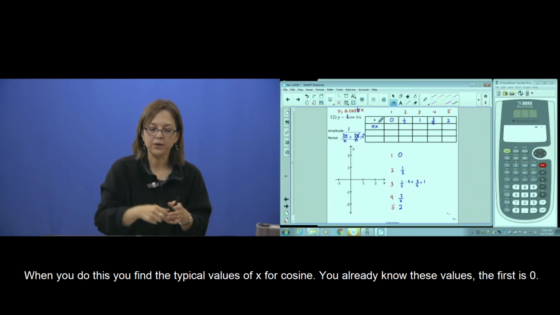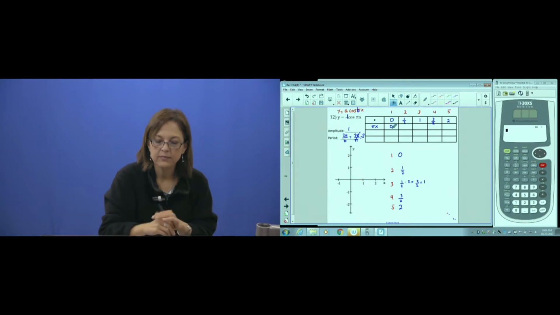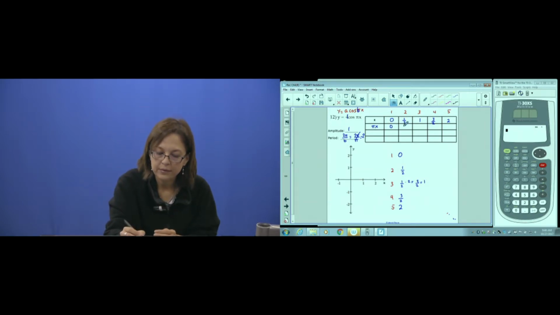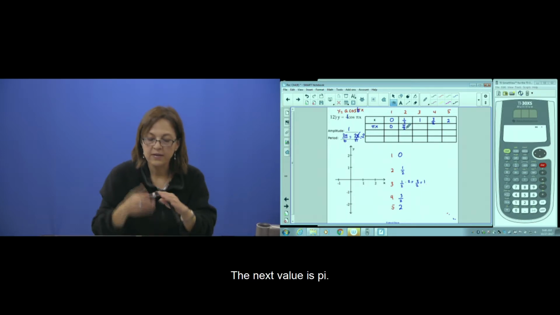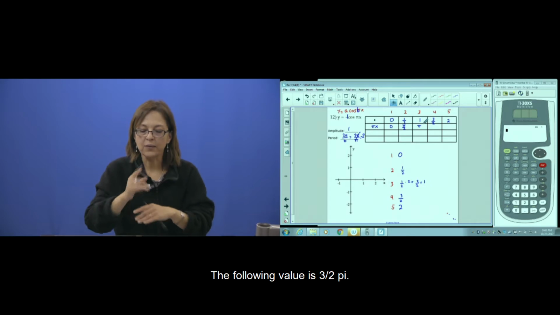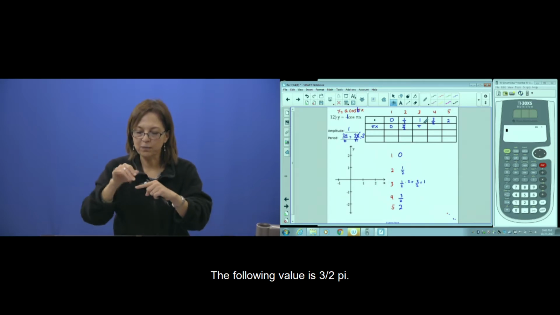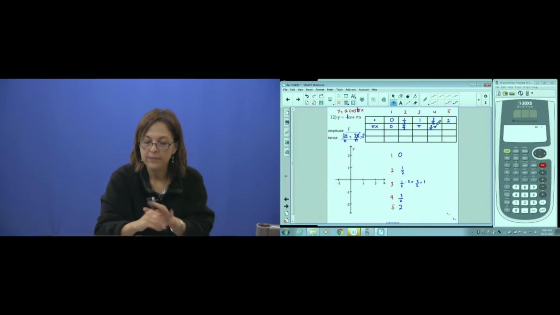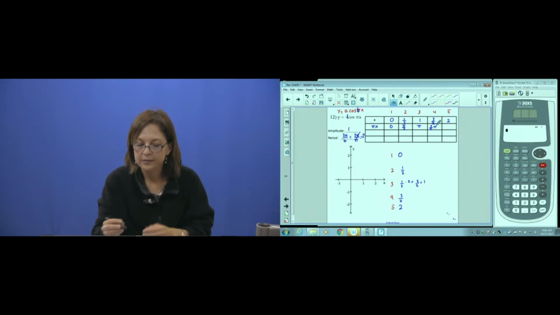The first is 0. The second is pi divided by 2. The next is pi. The following is 3/2 of pi. And the last, 2 pi.